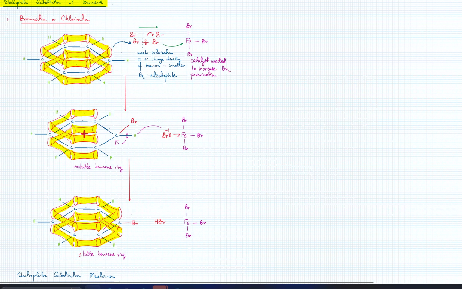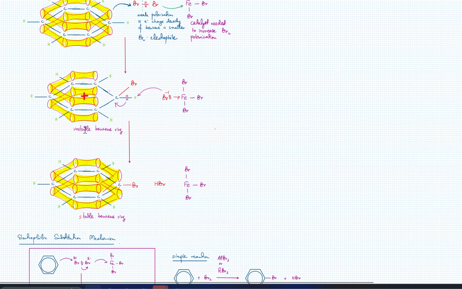But the positive charge over here has a very low charge density. Why does it have a low charge density? Because it's distributed over 6 carbon atoms. When the bromine takes away electrons from this carbon atom, the positive charge gets neutralized by all these electrons over here. So the positive charge has a very, very low charge density, and it's not on any one carbon atom, it's distributed. Is that clear?